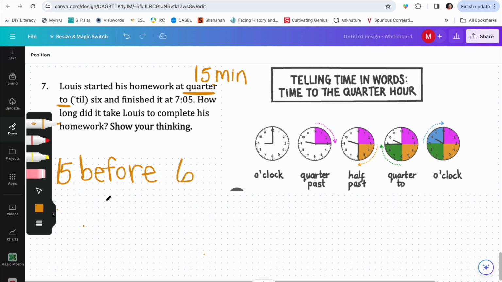So I know it's before 6 o'clock. I'm thinking about, what time comes before 6 o'clock? 5 comes before 6 o'clock. And if it's 15 minutes before 6 o'clock, I could just use these clocks here and think, okay, so I know that when the minute hand is on the 12, that's an o'clock.